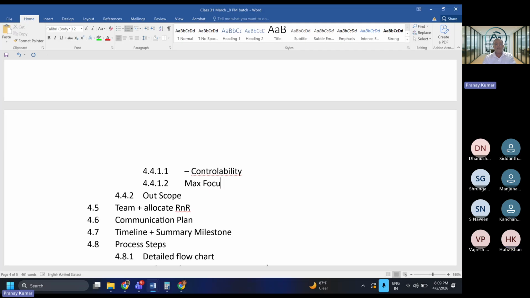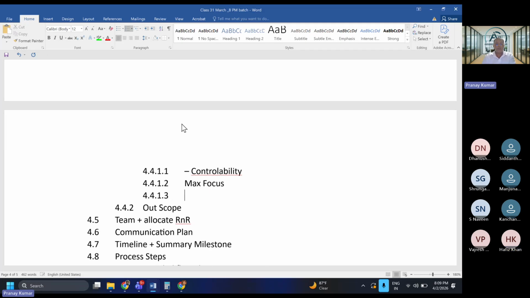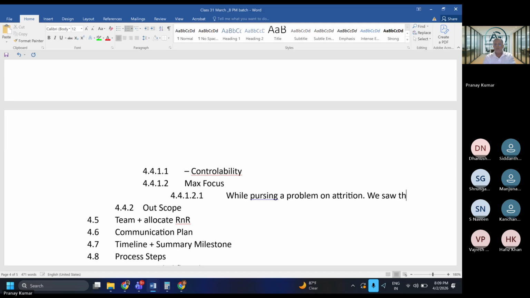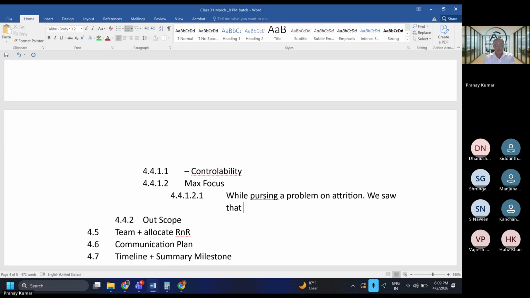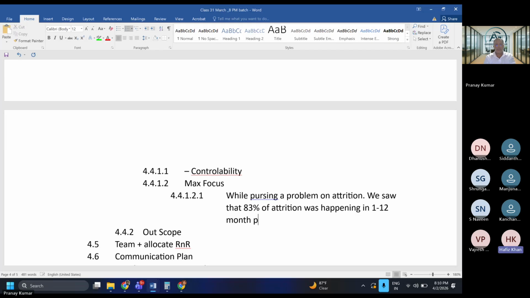Sometimes you are looking at maximum focus also. I'll quote you an example. I was pursuing a project on attrition. But when the team analyzed the data, we saw that 83% of attrition was happening among people with 0 to 12 months of tenure.